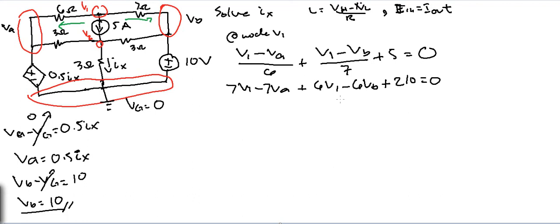So, kindly check. Ngayon, we collect like terms. We have V1, we have 7 plus 6. We have 7VA minus 6VB is equal to negative 210. So, nilabas ko na lang or i-transpose ko yung constant natin dyan. We have here negative 210. Nag-transpose na ako niyan.